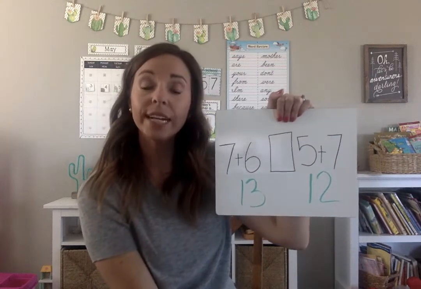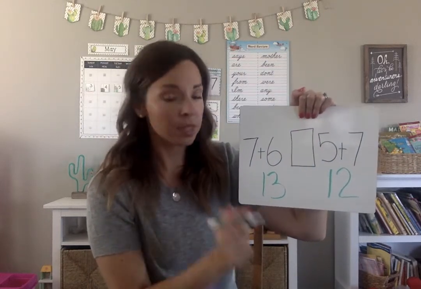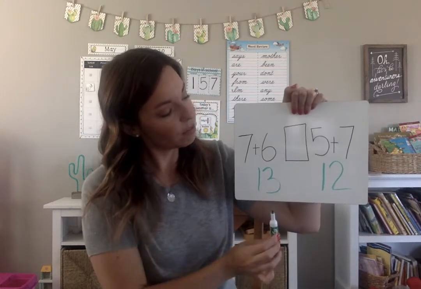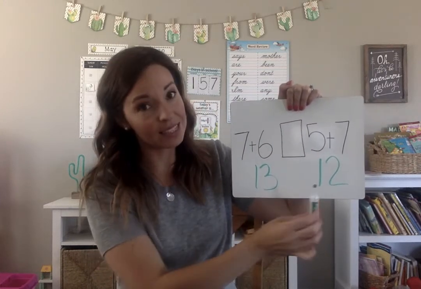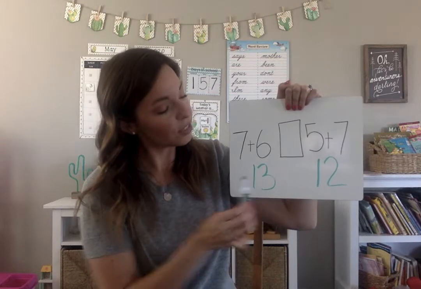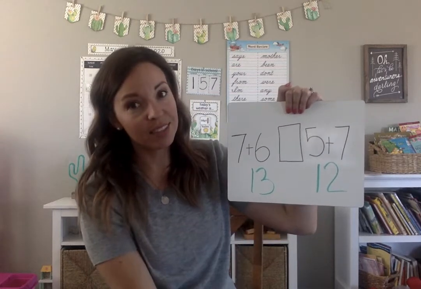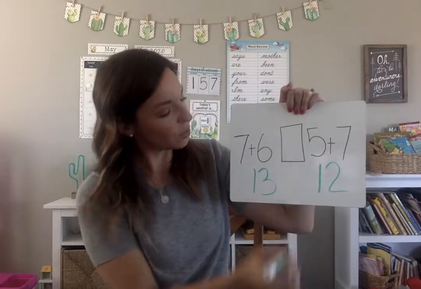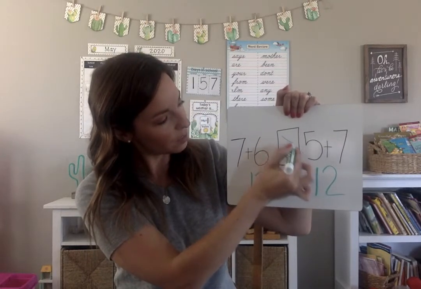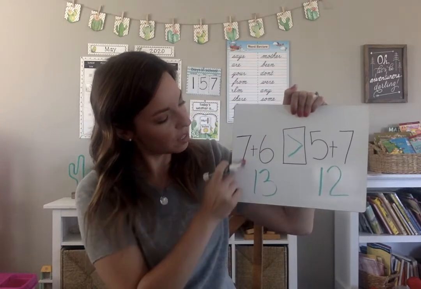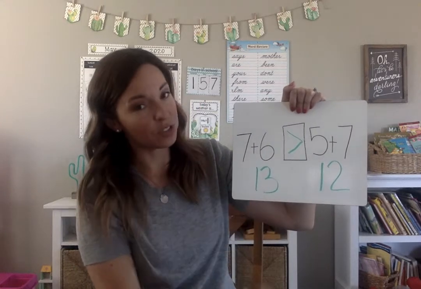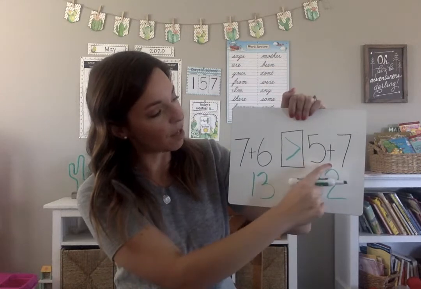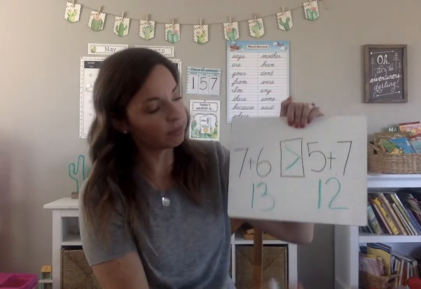So now that we have our answers, let's compare them. Is 13 greater than 12? Is 13 less than 12? Or is 13 equal to 12? 13 is greater than 12, so you're going to make your symbol with the opening towards 7 plus 6, which is 13. So 7 plus 6 is greater than 5 plus 7.